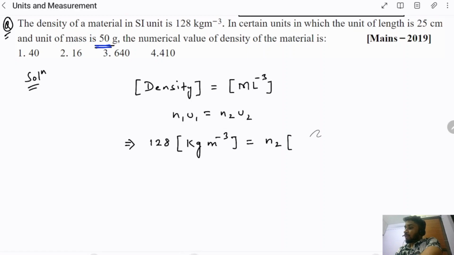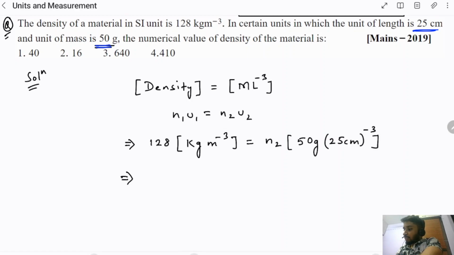So in place of mass we'll write 50 gram, and for length they have taken 25 centimeter. So 25 centimeter whole to the power minus 3 we need to take. Okay, now we just need to simplify this expression.